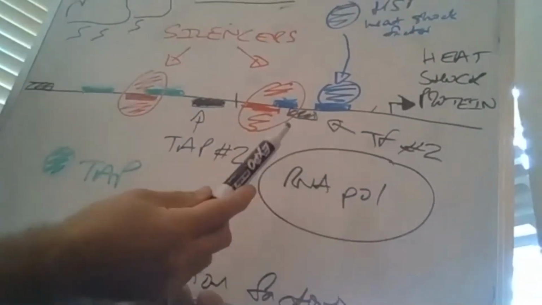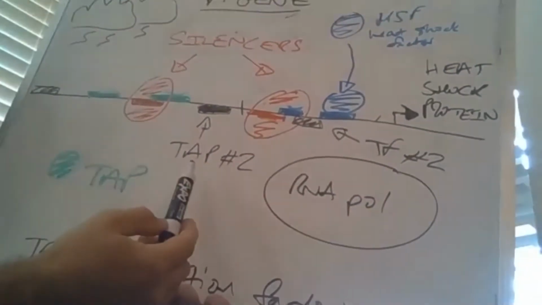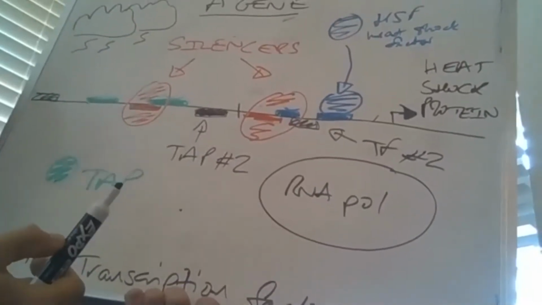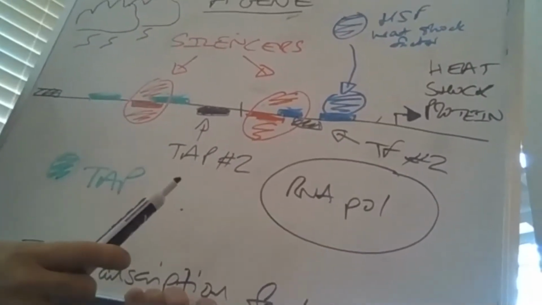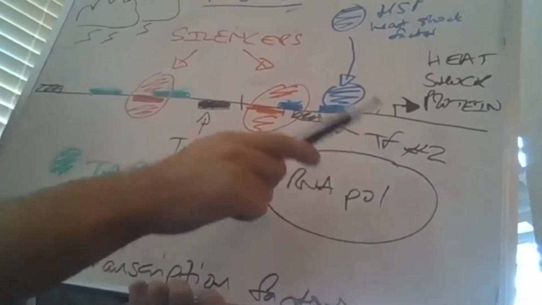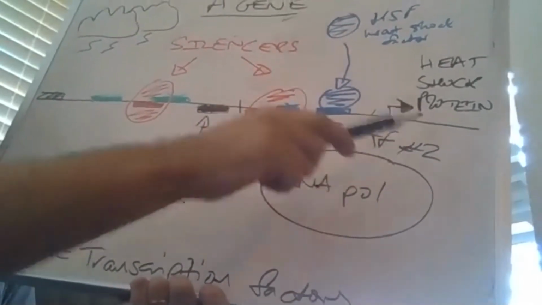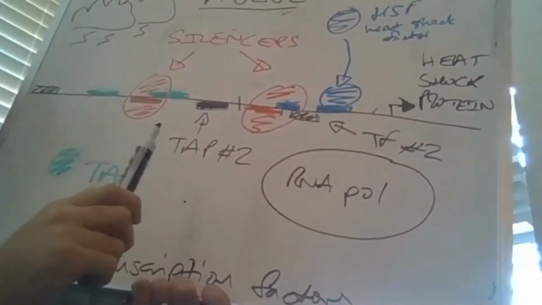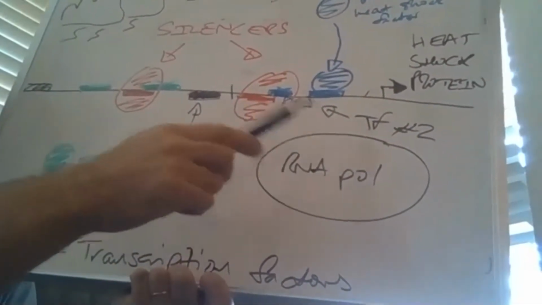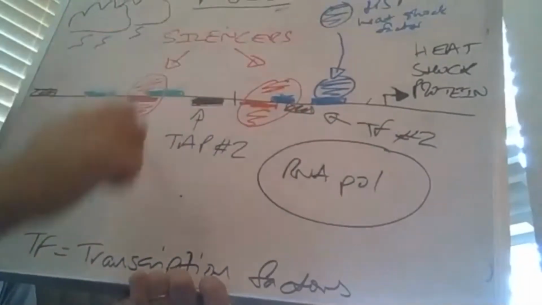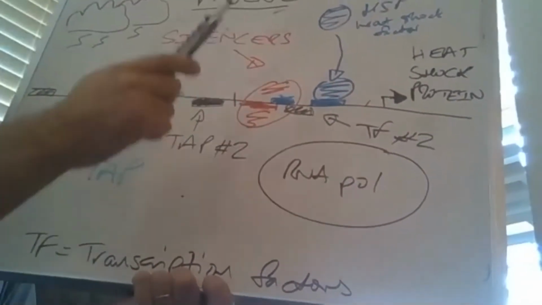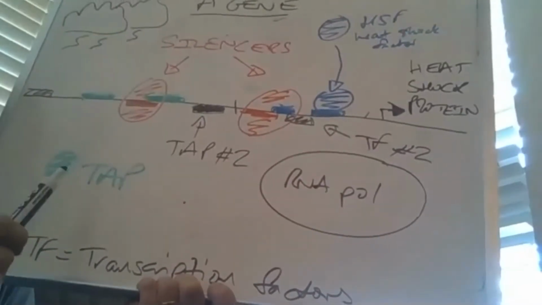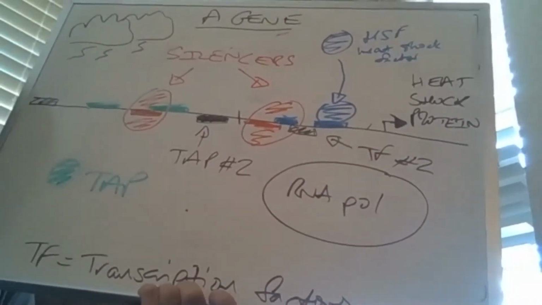Where other transcription factors can bind, or other transcriptional activator proteins, or even other repressors may be able to bind. And so this gene can be transcribed under a range of different conditions, right? But it all depends on what proteins in terms of transcription factors, repressors, and activators are present.